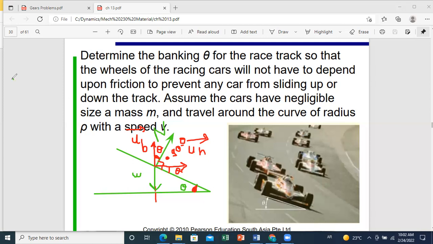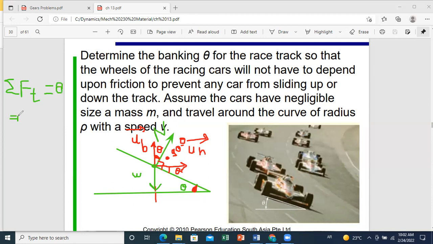First, the sum of FT will not be helpful for me because, as we said, there are no forces along the tangential direction, which is perpendicular to the screen. My forces, which are the normal and the weight, are both in the UN-UB plane. So they don't have any projection along UT. This was expected because I know that I'm maintaining constant velocity.